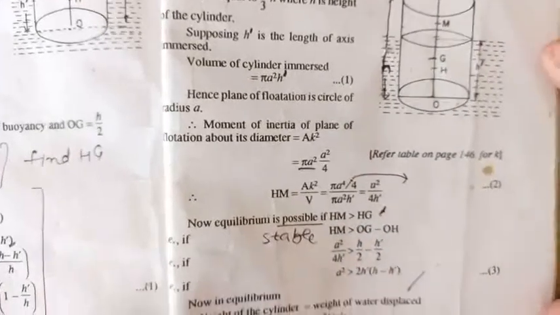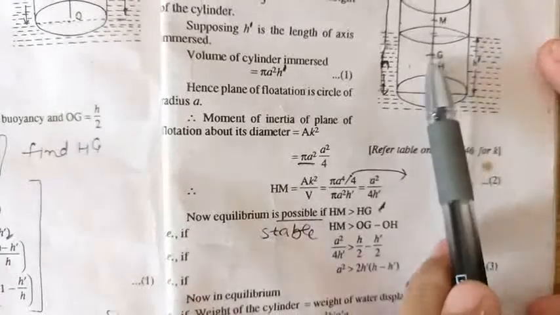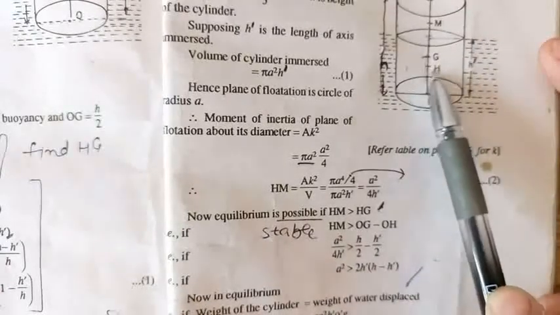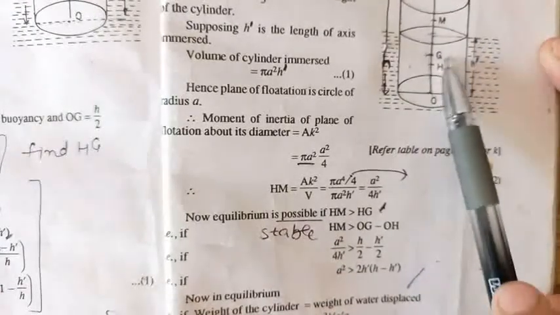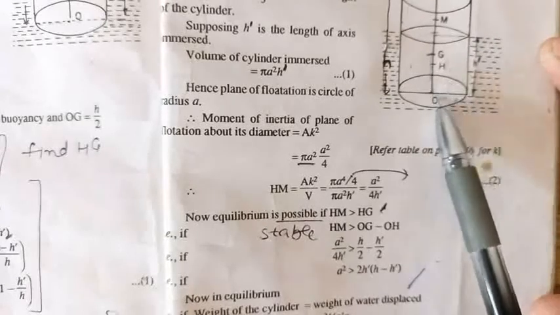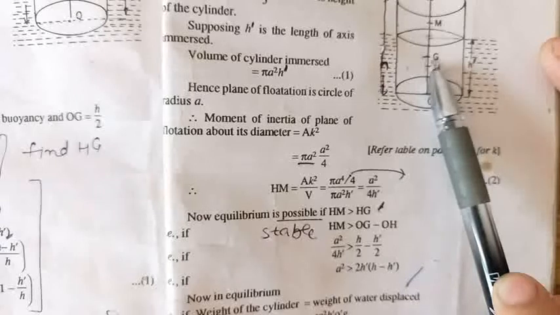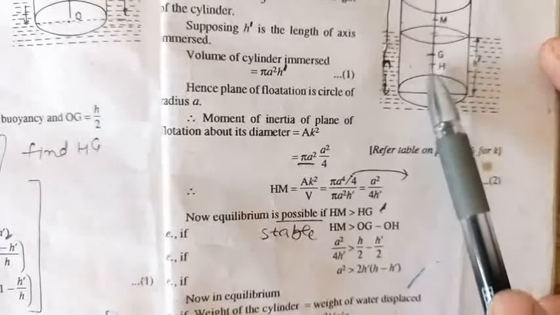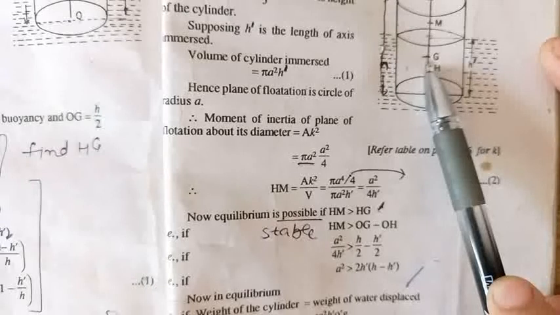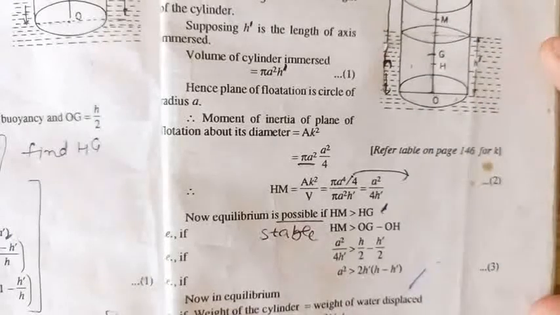Now, in the next step, let us find this length HG. Now HG is OG minus OH. G is the center of gravity of the cylinder, and therefore OG will be the total height of the cylinder divided by 2. Total length of the cylinder is h, so OG will be h by 2.